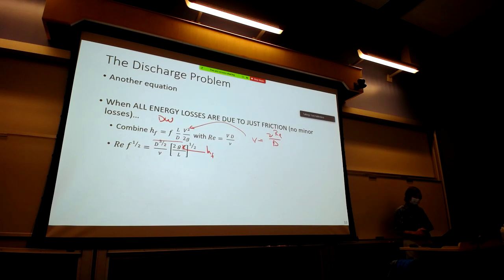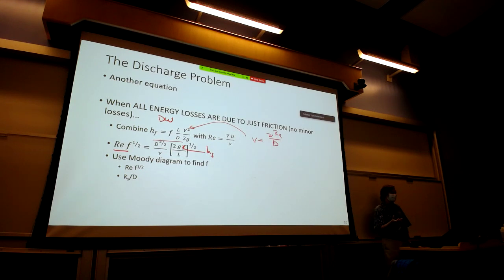So in this class of problems, what you do is calculate the right-hand side, and by calculating the right-hand side, you get one of the 4 coordinates needed for the Moody diagram. We just need one other coordinate, and that other coordinate is the relative roughness. So in this class of problems where we're trying to calculate the discharge, one way to solve it is to calculate Reynolds number times friction factor to the 1/2, calculate relative roughness, and with those two, we can find the friction factor.